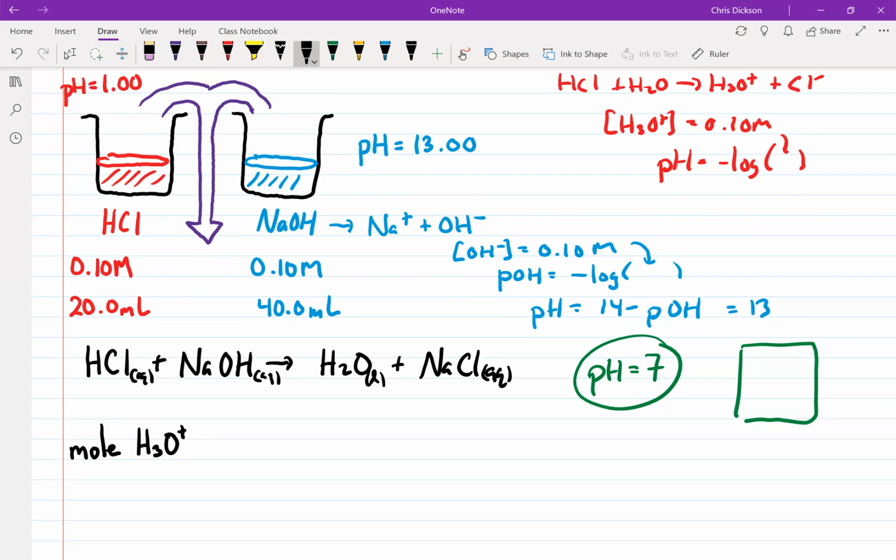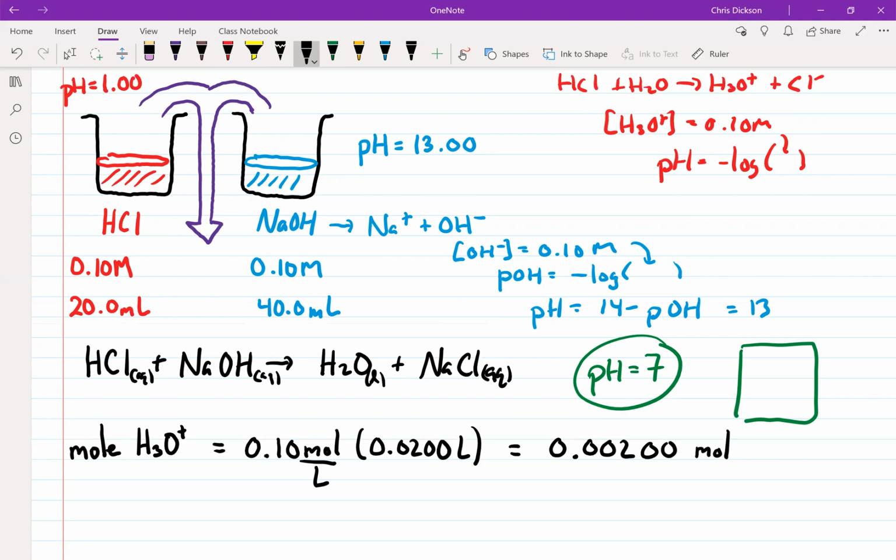To find moles of hydronium, this would be 0.10 moles per liter multiplied by 0.0200 liters, because that's what 20 mL would be. Moving the decimal one place, that gives me 0.00200 moles of hydronium.